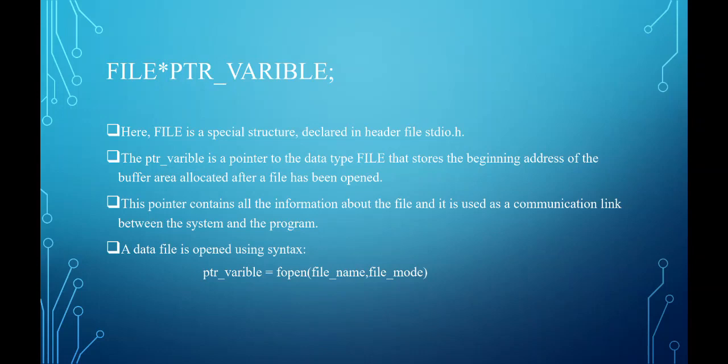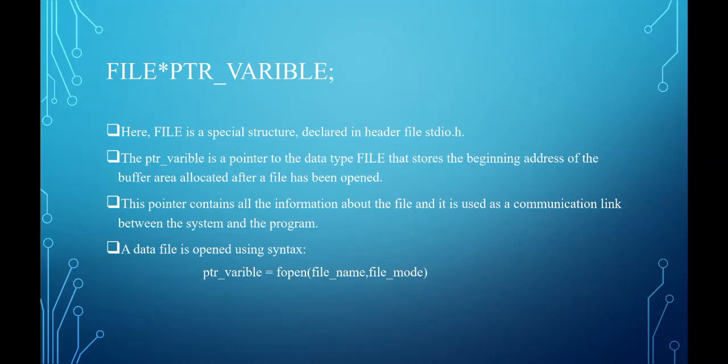In FILE star ptr variable, FILE is a special structure defined in the header file stdio.h, and the pointer variable is a pointer to the data type FILE that stores the beginning address of the buffer area allocated after a file has been opened.